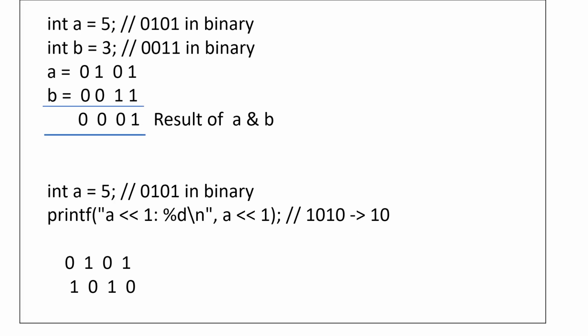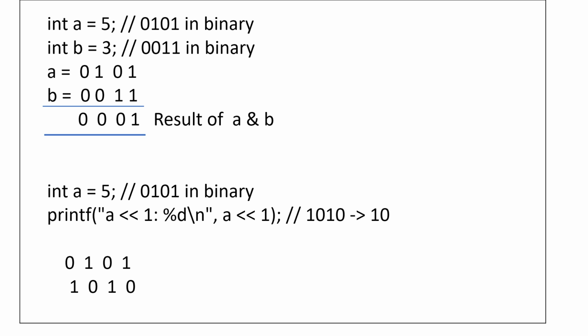In this example, this is the result of the bitwise AND operator. When we apply the bitwise AND operator to A and B, we get this result. This is the equivalent for 5 and this is the equivalent for 3. Now the bitwise AND operator is applied here.